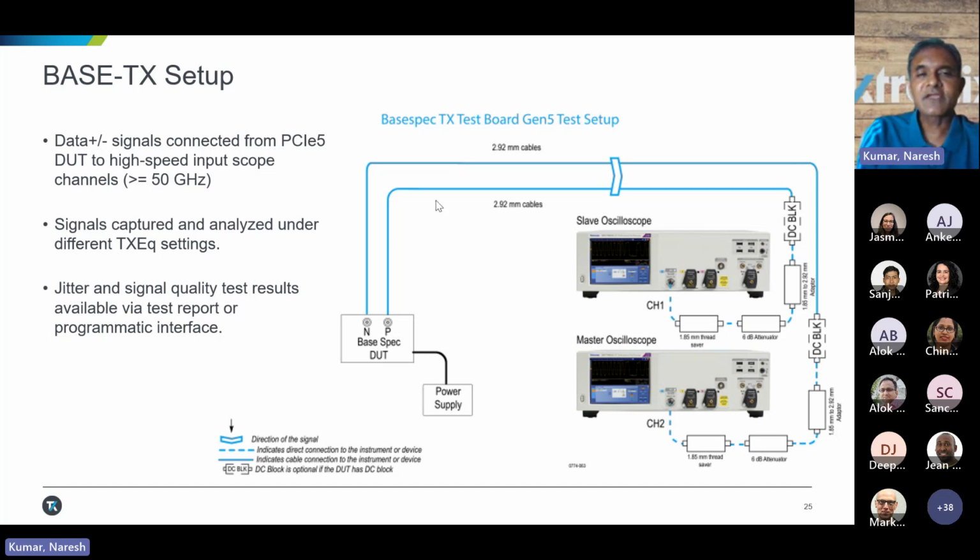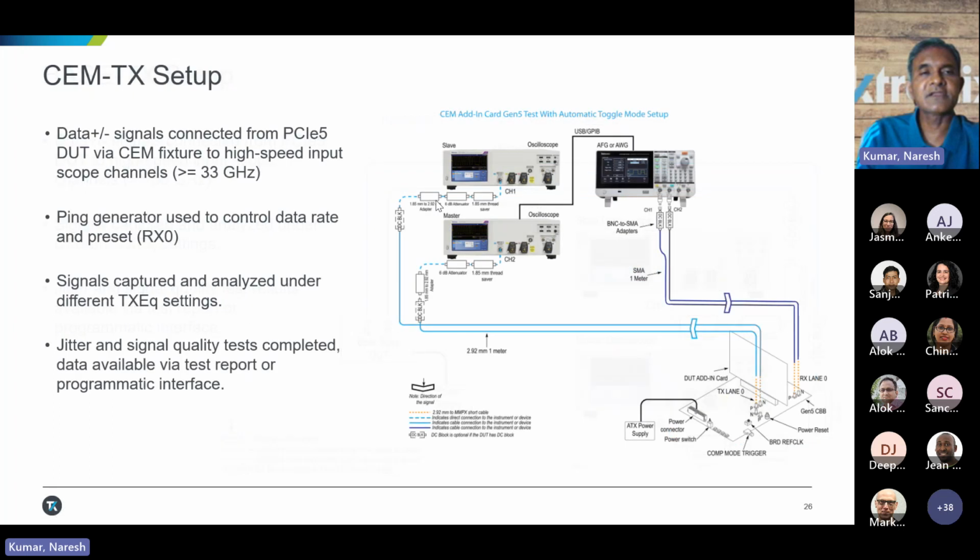Then, if you look at CEM TX specifications, this introduces much more complexity. You can see on the lower bottom on the right hand side there is an add-in card placed on a fixture, and then you will find that the cable definitions are there.